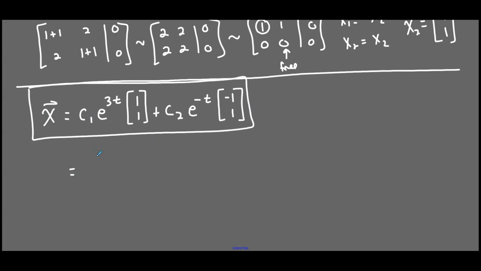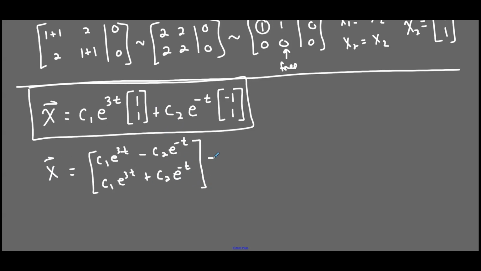So if I multiply these inside, I get c1 e to the 3t, c1 e to the 3t. And same thing here. I'll get negative c2 e to the negative t and positive c2 e to the negative t. And then we add them together, we get this one vector. Remember, this represents the functions x of t and y of t.